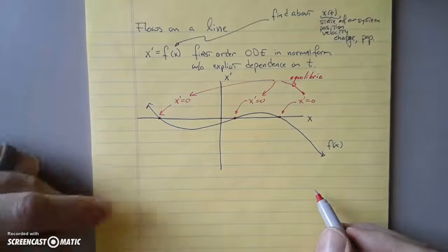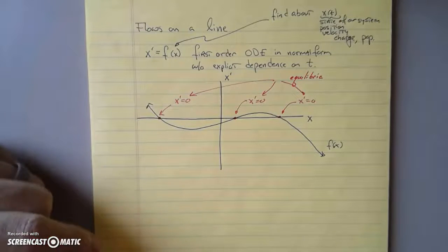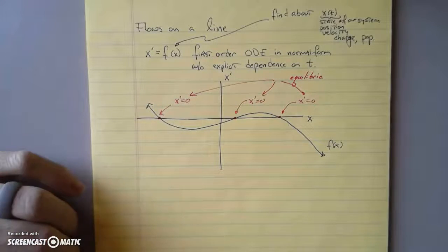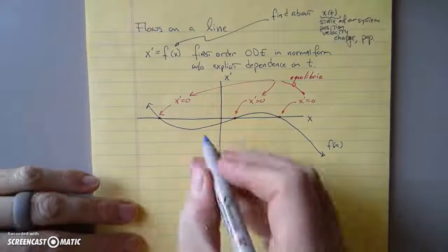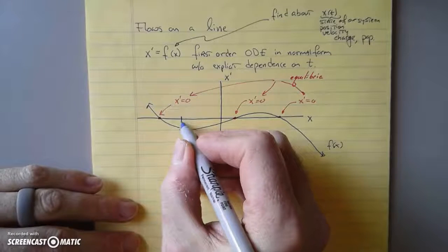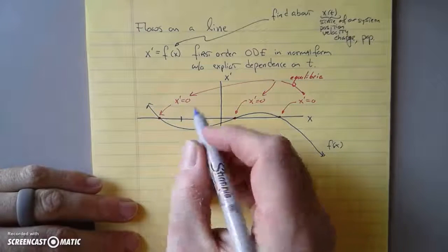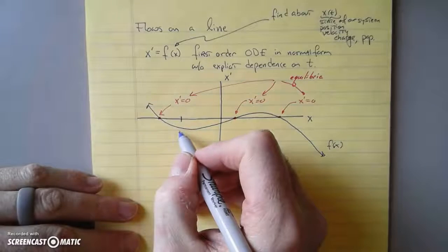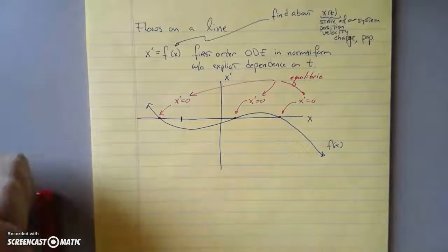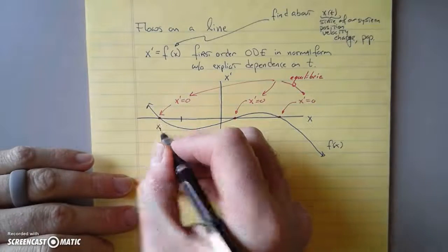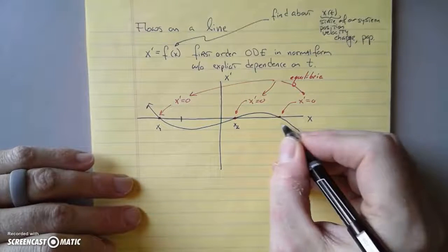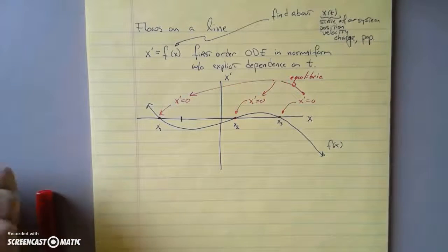The system is in equilibrium if nothing's happening. Now, what about between these points? Suppose we were right here, some particular value of x. And also let's call these x1, x2, x3.